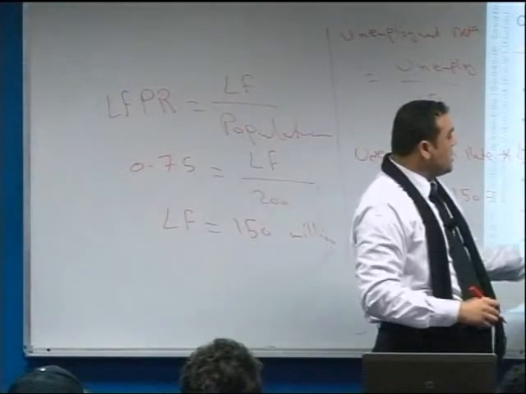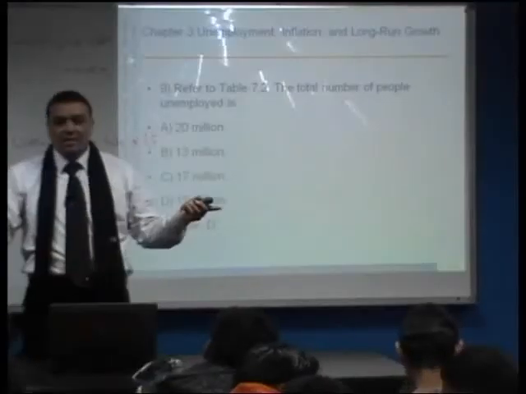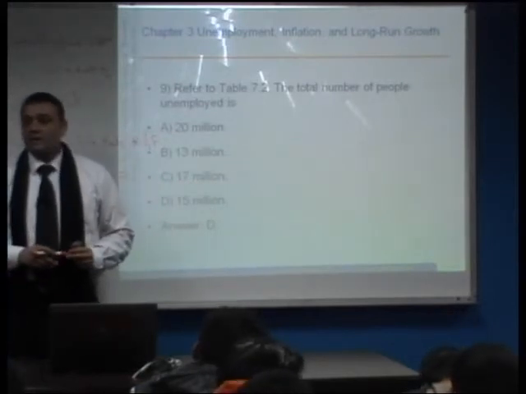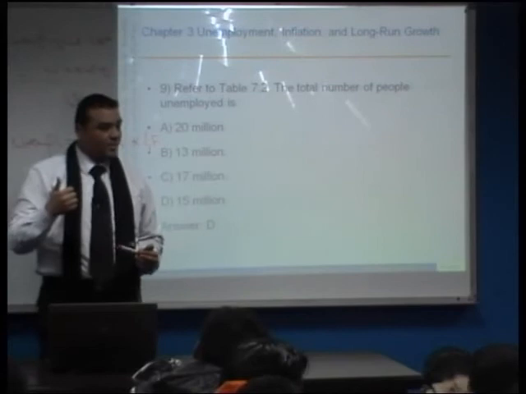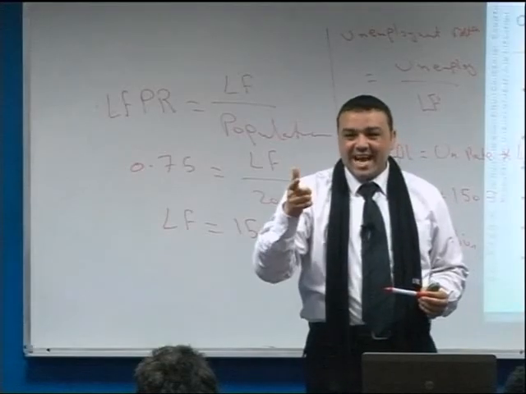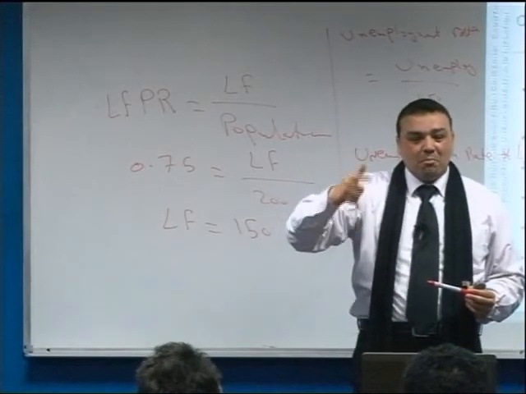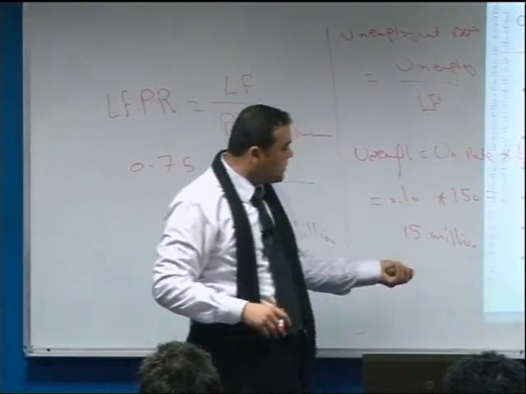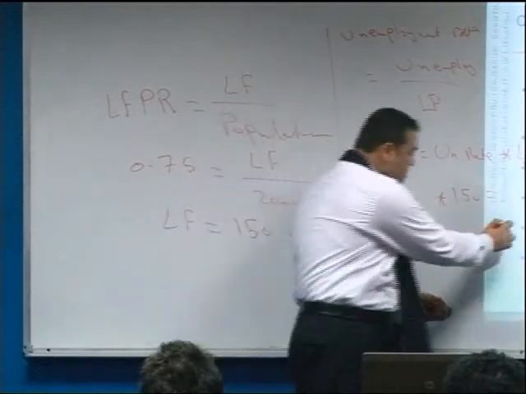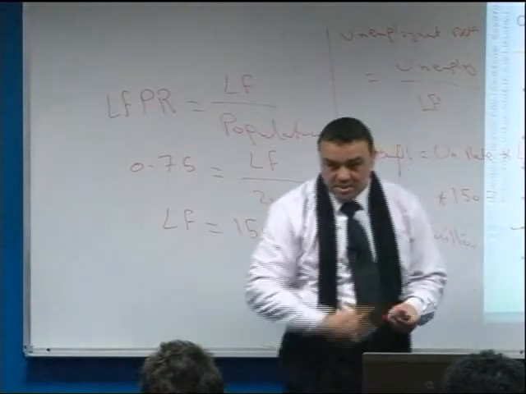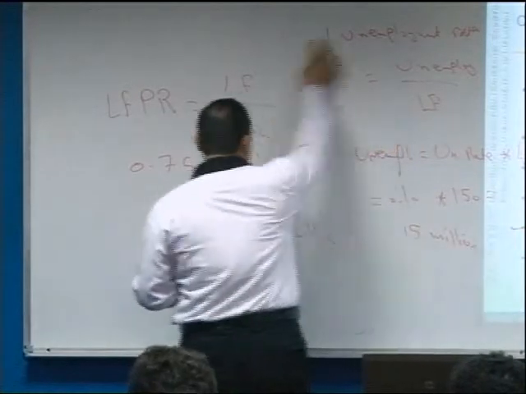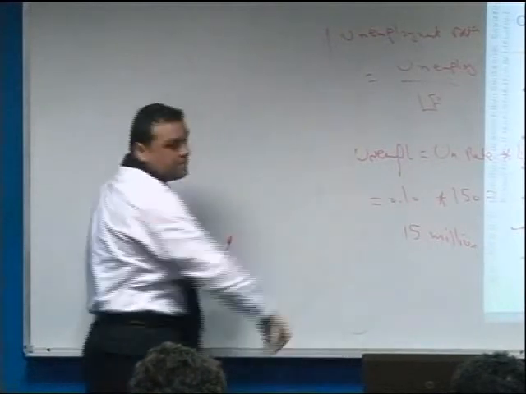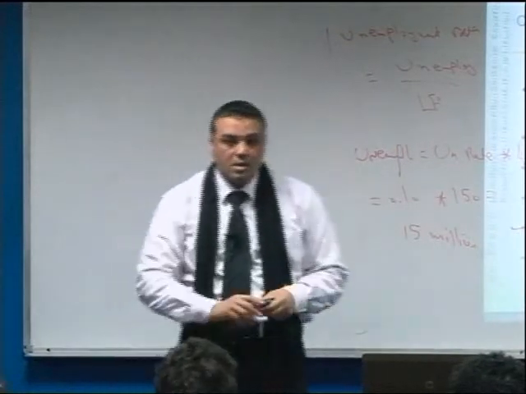Right? What else? Calculate the employed, the number of people who is employed. Employed equals what? Exactly. The labor force minus the number of unemployed. Sorry? Yes, yes. So let's derive the number of people who is employed.